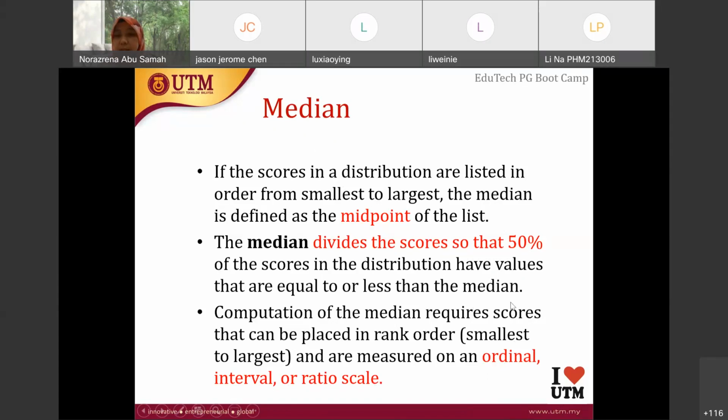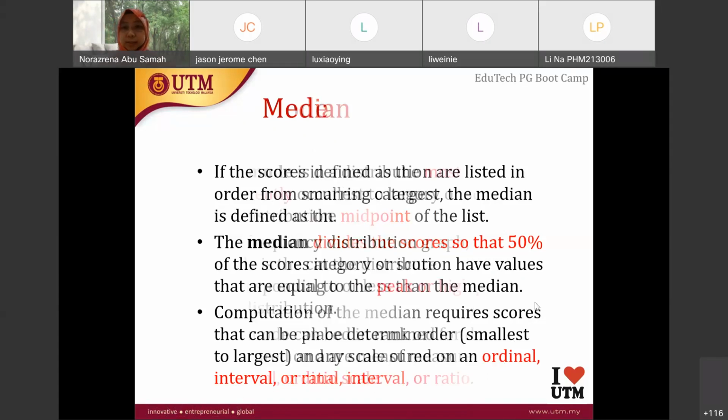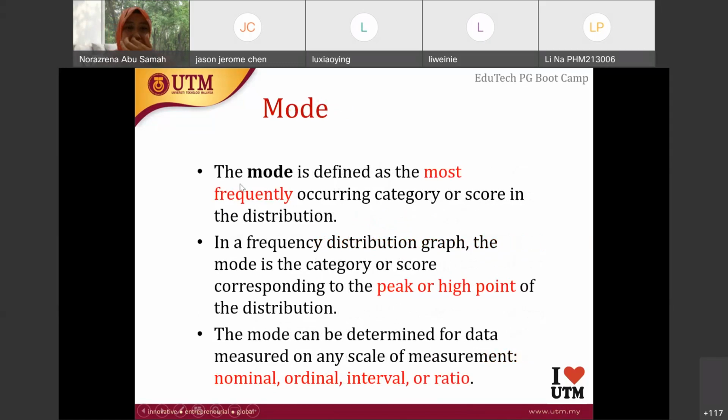Then the mode is defined as the most frequently occurring category or score in the distribution. This is for the mode. The most frequent, so the highest frequency, is the mode.